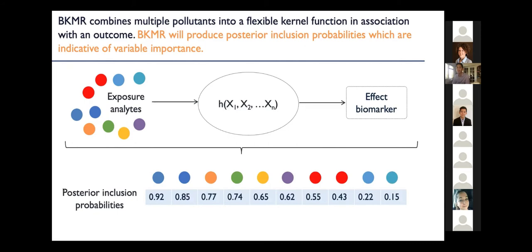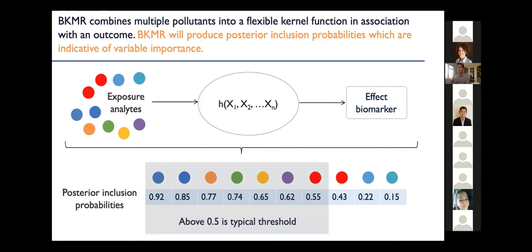So the output that I was particularly interested in with BKMR is that it takes each of the exposure variables and it provides you with posterior inclusion probabilities, which is an indicator of variable importance. And from this output, we typically set a threshold of 0.5 as important.